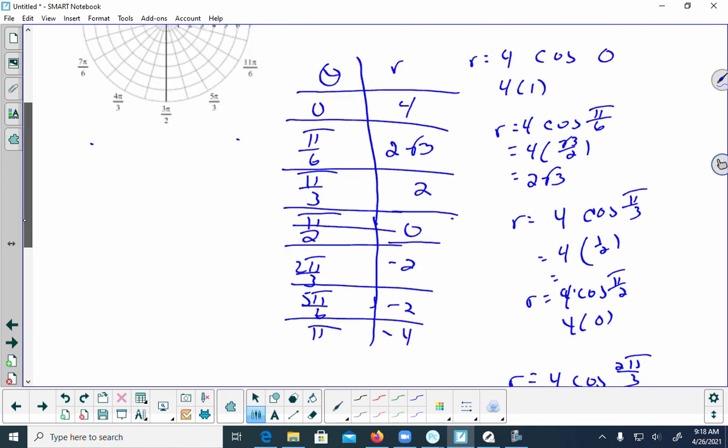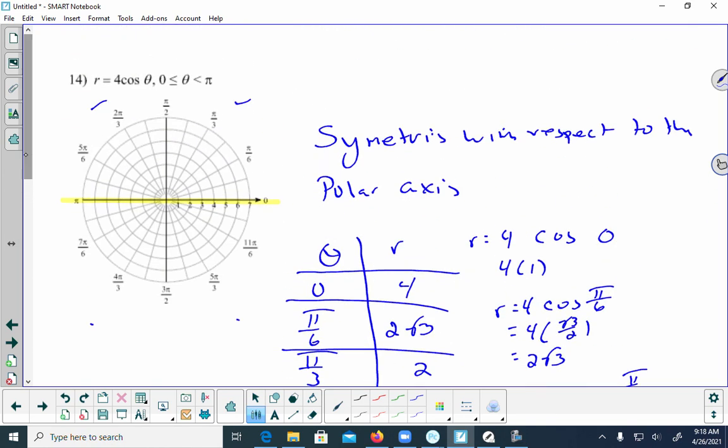Now plotting those points, I'm going to do 0, 4. So 0 degrees, 4. Applying that point on the other side, I am going to go 1, 2, 3, 4. Then I'm going to do pi over 6, 2 pi over 3. The decimal equivalent for that, I should have done that before, so sorry, is about 3.5.